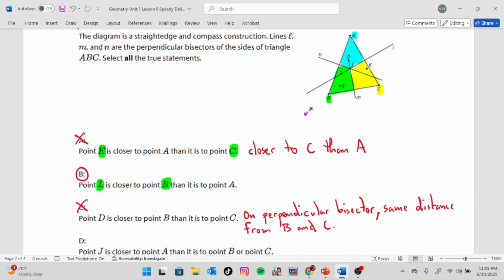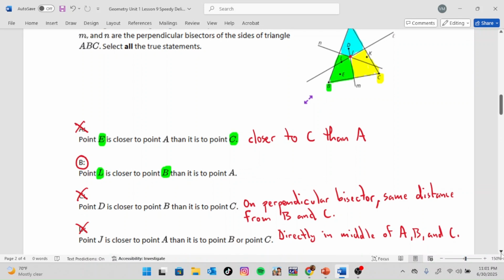Now let's look at the questions. D says point J, which is directly in the middle, is closer to point A than it is to point B or C. Point J is directly in the middle of A, B, and C. Therefore, D is wrong.